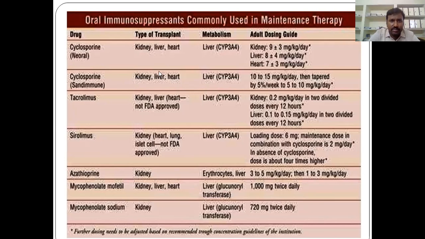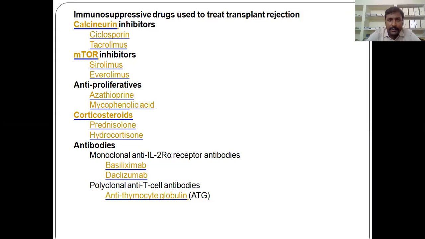It is the same drug, but one more brand. Tacrolimus is given to the kidney, liver, and heart. Sirolimus is given in the kidney first, and a few more in heart and lung. And azathioprine is for the kidney. We already discussed when we have to prescribe these.